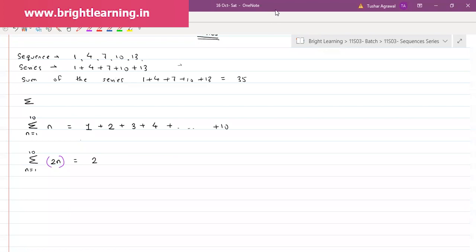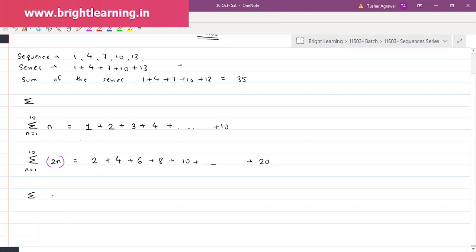When n is equal to 2, the second term becomes 2 multiplied by 2, that is 4. N is equal to 3, the third term is 6, n is equal to 4, 8, n is equal to 5, 10. Now addition goes on up to n is equal to 10. So n is equal to 10, the last term is 20. So 2 plus 4 plus 6 plus 8 and so on up to 20.